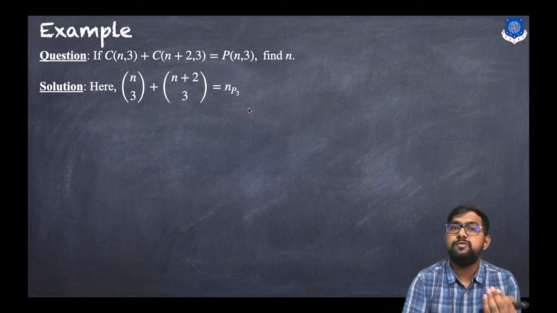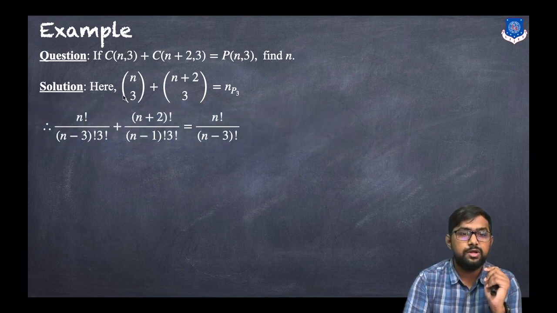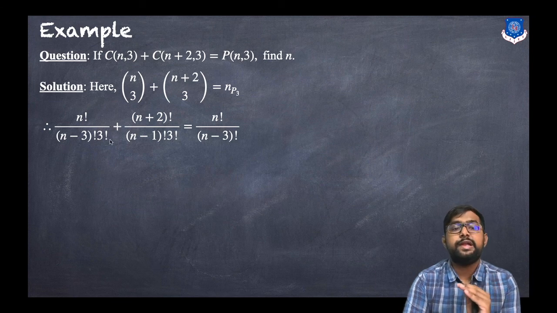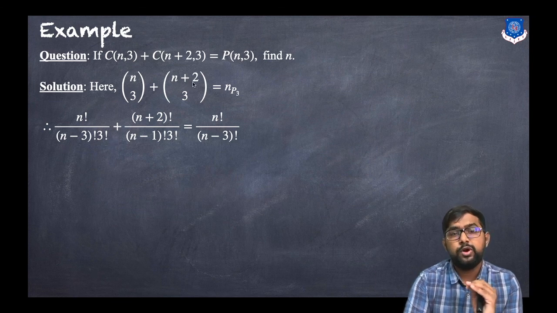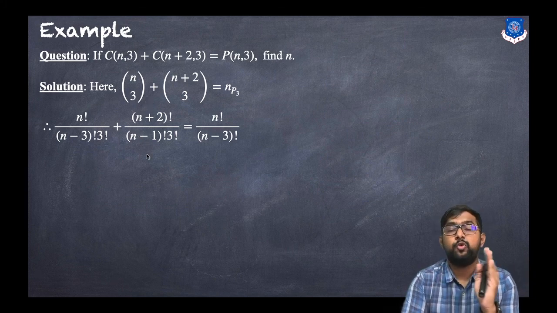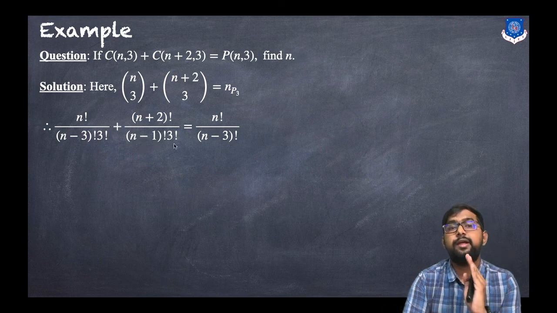Now we just apply the formulas. What is nC3? That is n factorial upon (n minus 3) factorial into 3 factorial, plus, what is (n plus 2)C3? That is (n plus 2) factorial divided by (n plus 2 minus 3) factorial, that means (n minus 1) factorial into 3 factorial, and equals nP3.